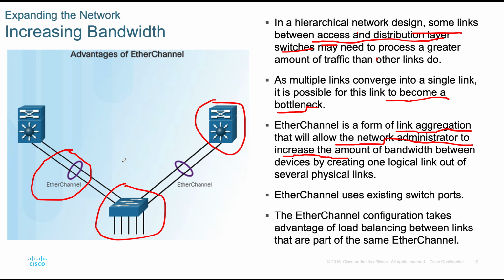Now this Ether channel has a lot of advantages. One of the biggest advantages is that it helps to increase the bandwidth of the network, or the bandwidth of the LAN, local area network. Is that okay? As multiple links converge into a single link, it is possible for this link to become a bottleneck.